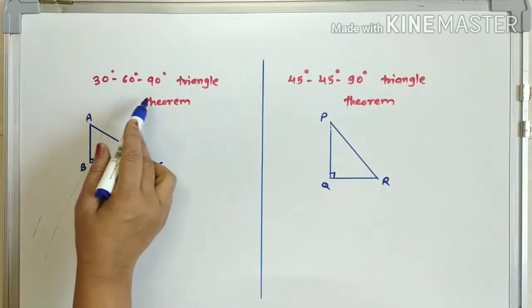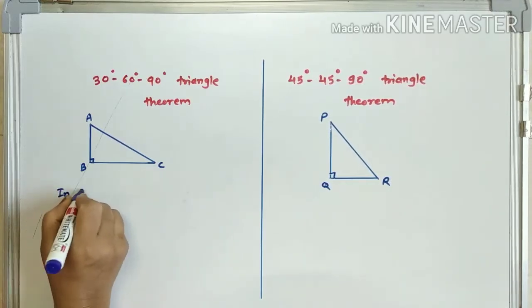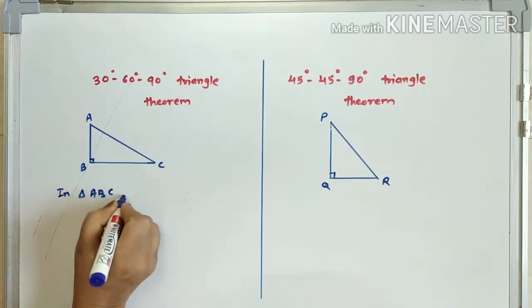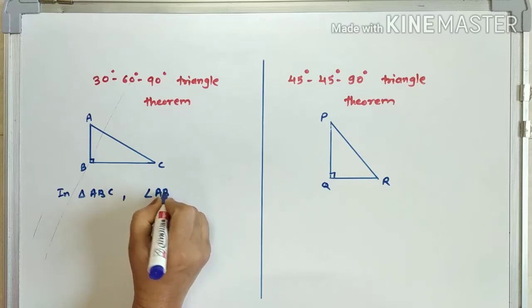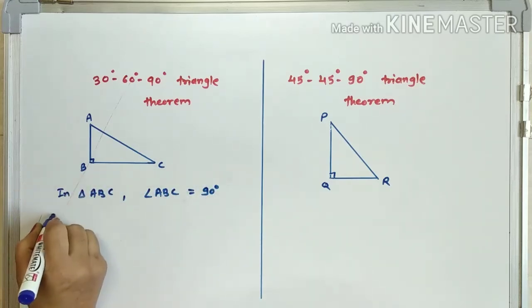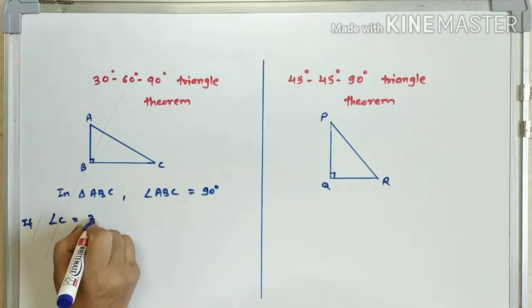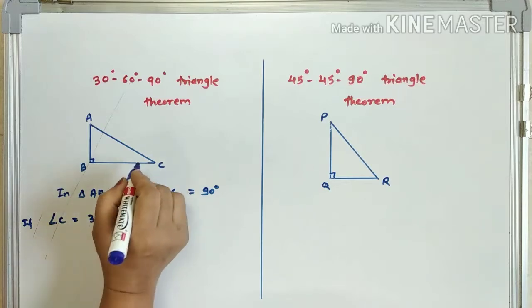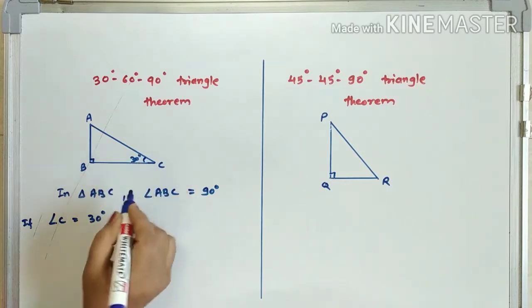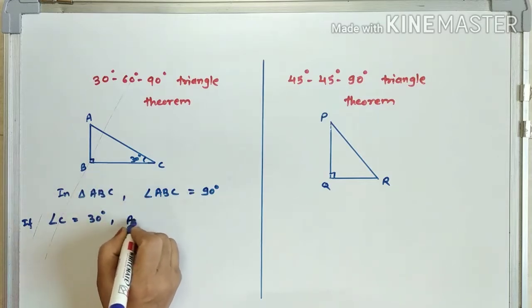Next is the 30-60-90 degree triangle theorem. In triangle ABC, angle ABC equals 90 degrees. If angle C equals 30 degrees, then the side opposite to this 30 degree angle is AB.